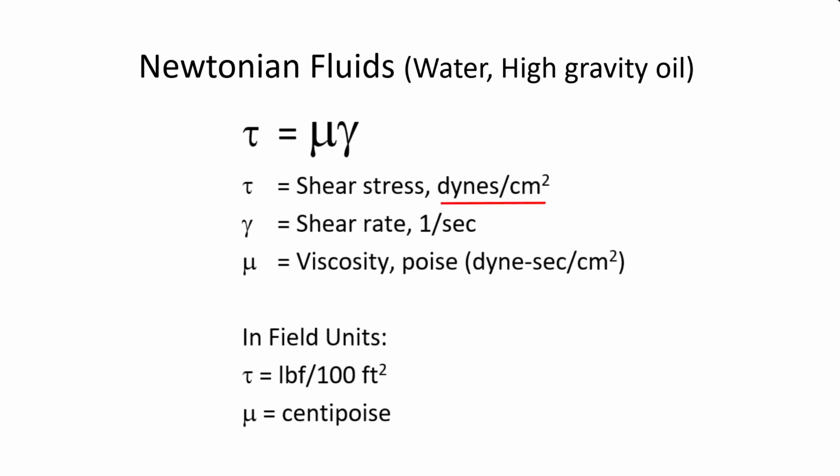If the shear stress unit is given in dynes per centimeter squared and the shear rate is given in inverse seconds, the unit of the viscosity is then equal to dynes second per centimeter squared, or poise. In field units, centipoise is commonly used for reporting drilling fluid viscosity.